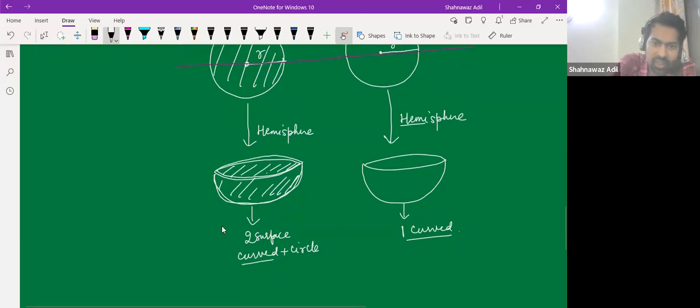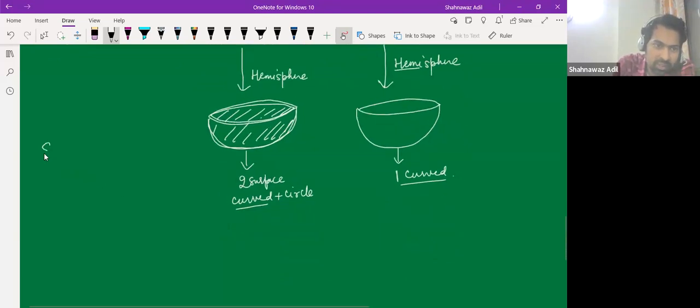So then the surface area of this part would be how much? The curved one is sphere by 2, plus the circular one. Let's say this is the radius, right?